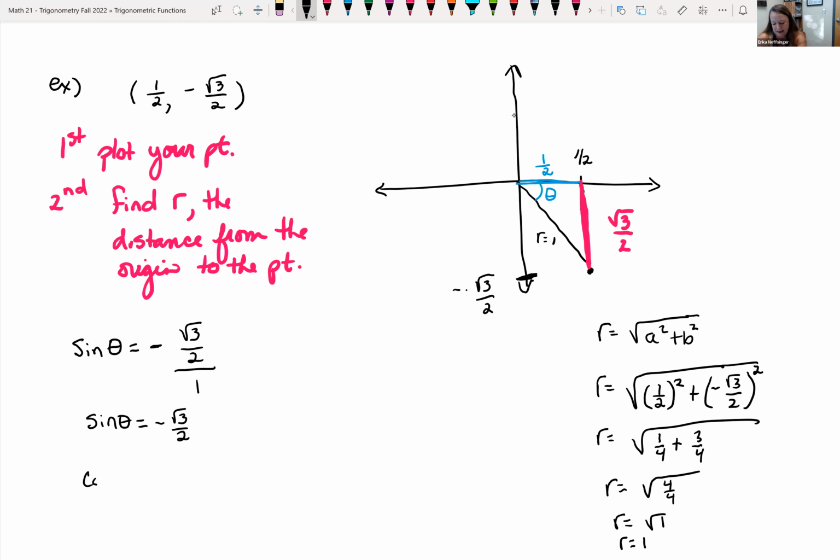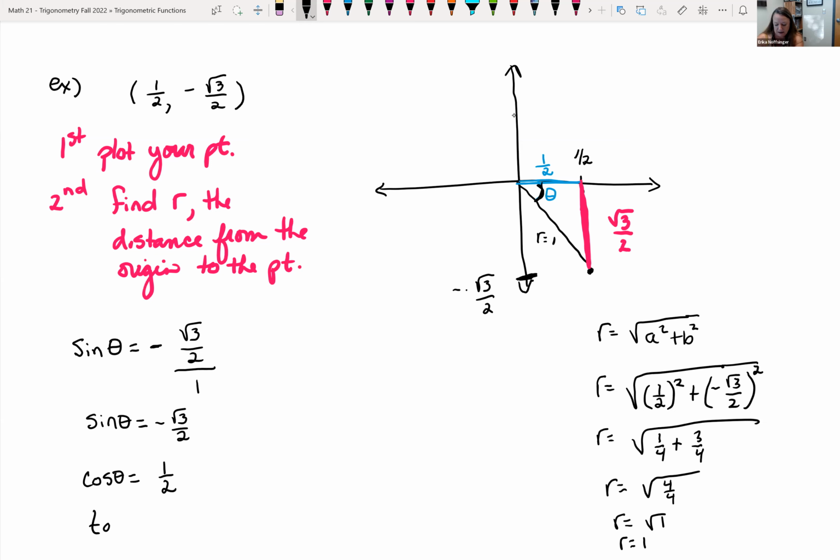Now cosine theta. Cosine is adjacent, which is 1/2, all over r, which is 1. And so 1/2 over 1 is 1/2. We have to think about whether cosine theta is positive or negative in quadrant 4. Cosine is our x value of the point over r, so it's positive.